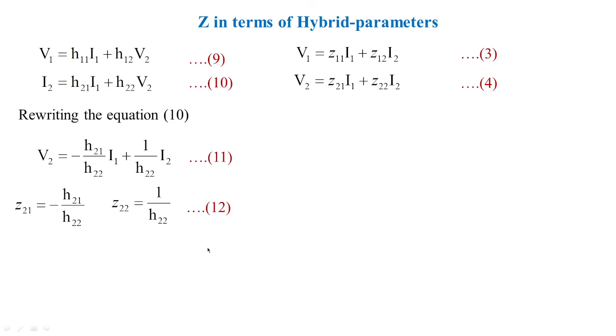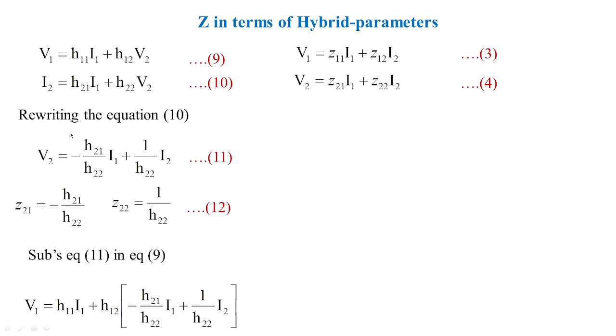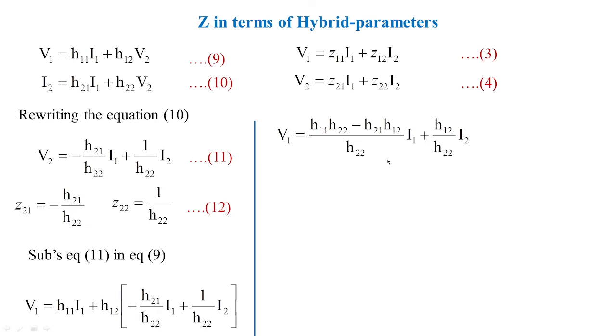So let me frame this as equation 12 and substitute equation 11 in equation 9, so that I'm going to get the value of V1, which is equal to H11 I1 plus H12 times V2. This V2 is replaced with the help of equation 11, and that is simplified like this, and I'm going to obtain V1 is equal to delta H by H22 I1 plus H12 by H22 I2, which gives you the value of Z11.